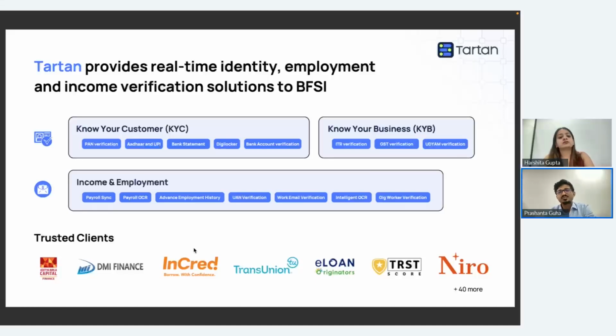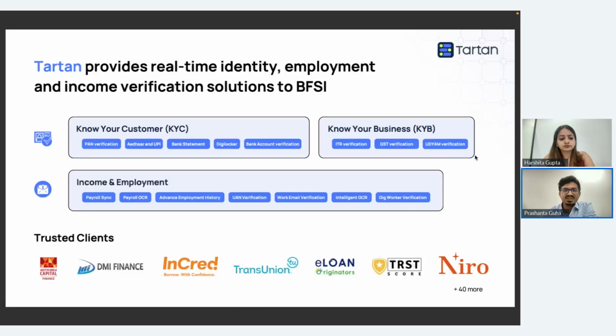When it comes to the business side of things, again, nobody walks around with all their business details right at the back of their mind. So they can just give the PAN details, and we could fill the rest of the details for them. Similarly, they can just give out their GST detail, and we can fill the rest of the details for them.